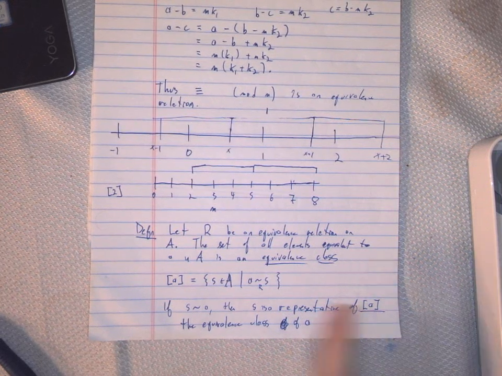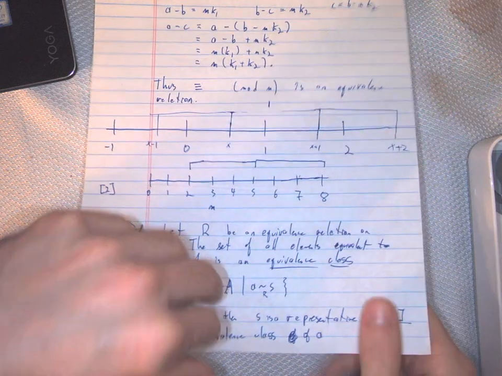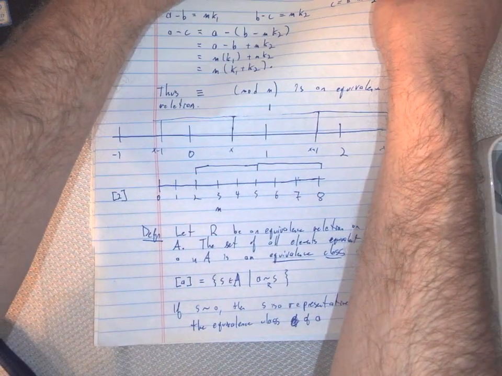Those were actually equivalence classes where the relation was congruence modulo 7. So I was showing you equivalence classes back then, even if we didn't formalize the notion.